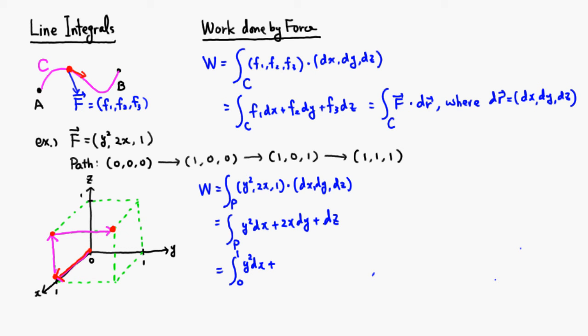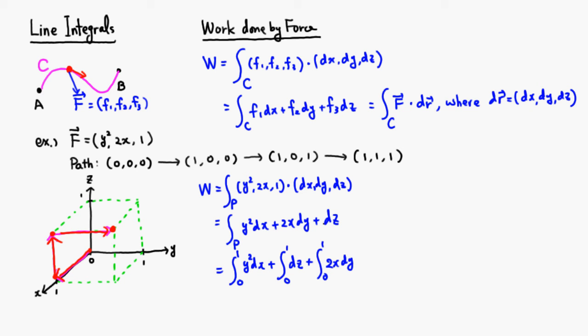Along the second path, x is not changing, y is not changing, only z is changing, so we have the integral of dz, with z going from 0 to 1. And along the third path, the only thing changing is the y value, so you're going to have the integral of 2x dy, where y goes from 0 to 1.